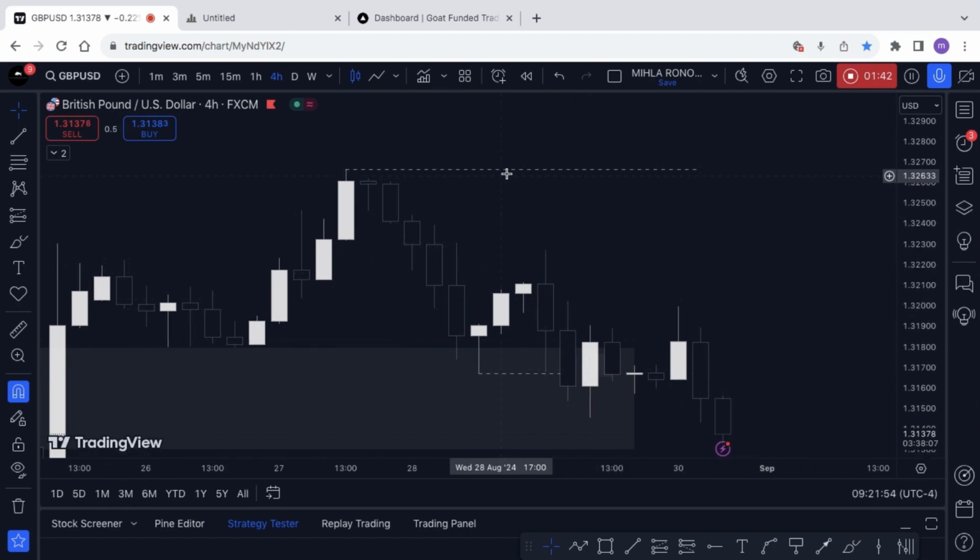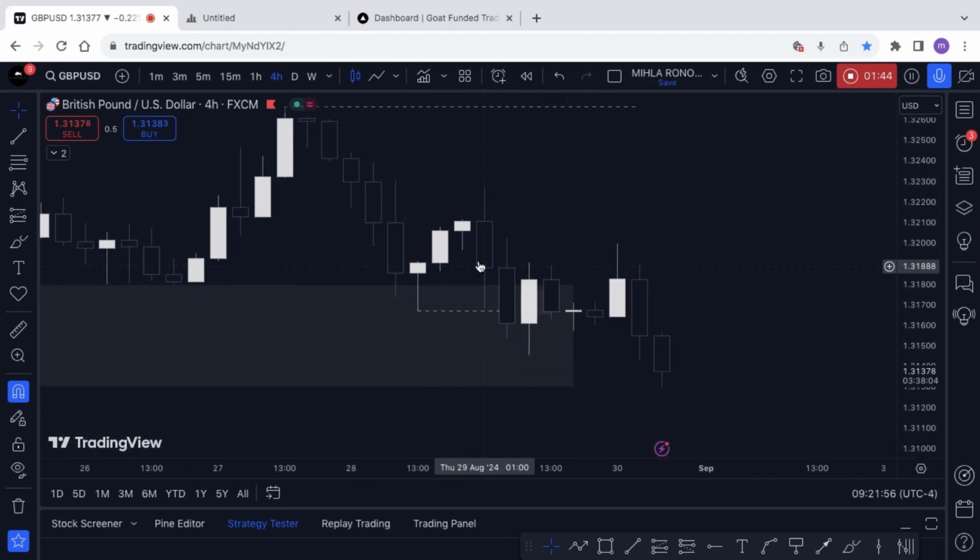Price had these highs, and there was clearly nothing stopping price from continuing to the upside, because there were no inefficiencies, no fair value gaps, to push price lower. And if price was going to push higher, it was going to push higher from this daily slash 4 hour fair value gap.